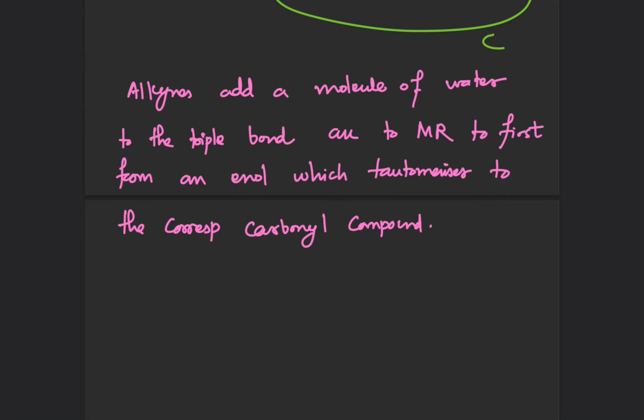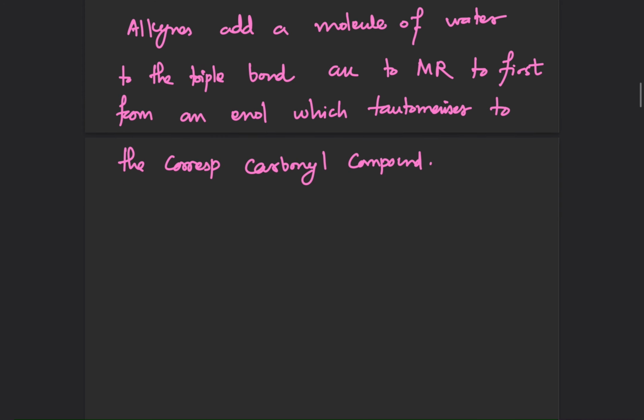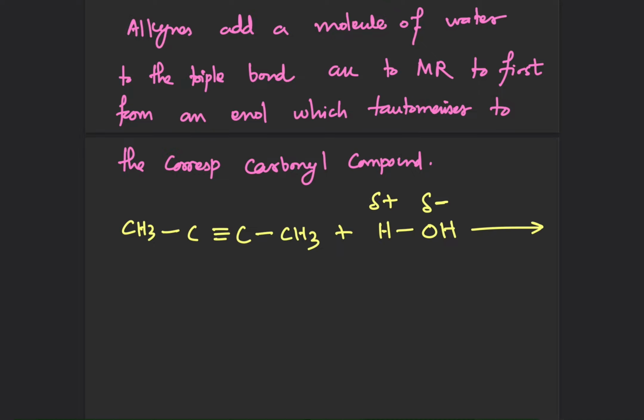So that is with respect to reactions, I can write CH3 C triple bond C CH3, that is our compound C, plus a molecule of water, H-OH, this part partial negative, this part partial positive, okay, and in the presence of HgSO4 and H2SO4. Okay, so you can see this is a symmetrical alkyne.